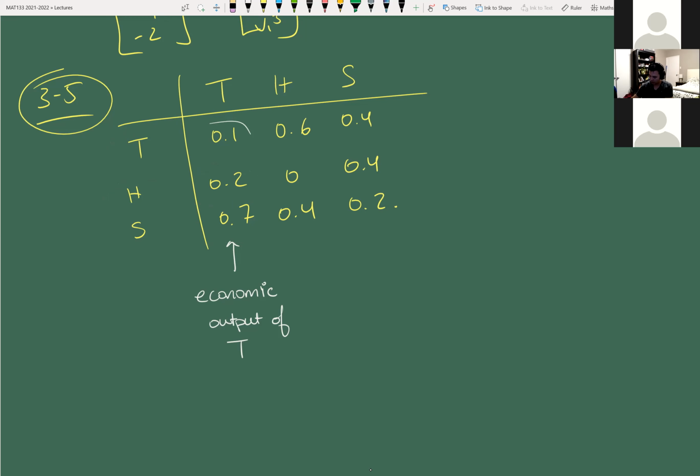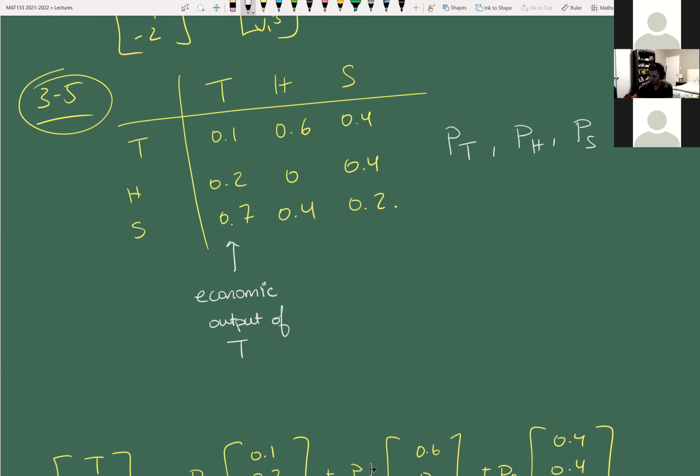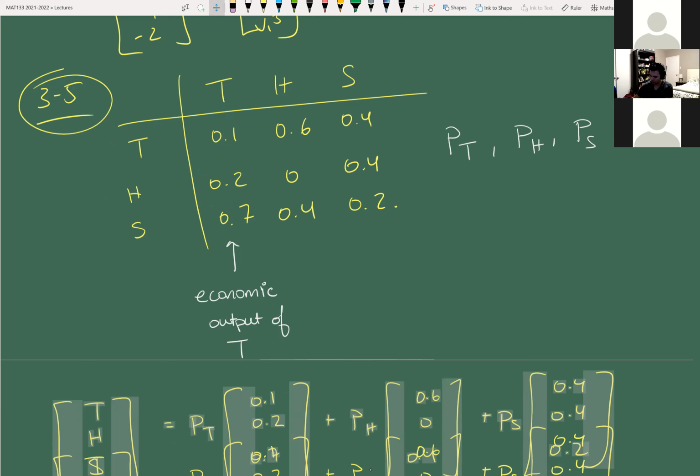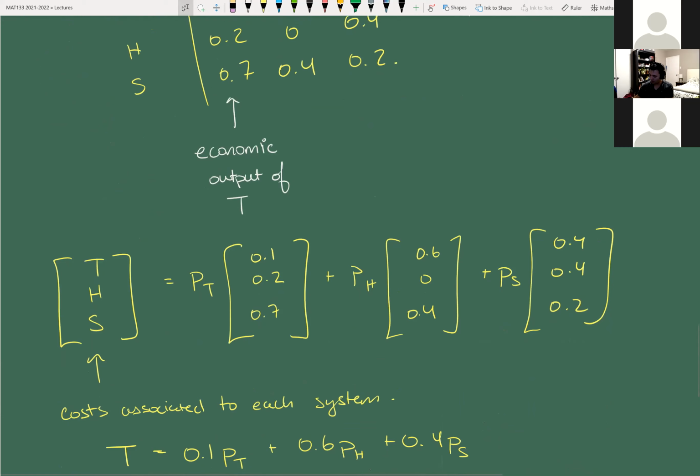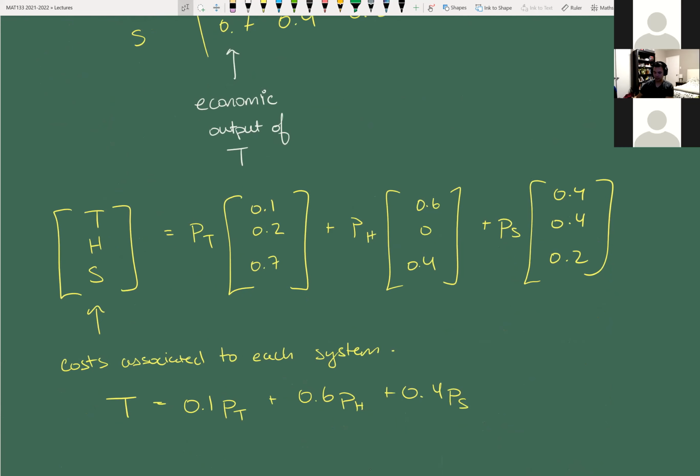And we're told that the price of the telecommunications services is P sub T, the price of the hydroelectric service is P sub H, and the price of the service economy is P sub S. Okay. So what I want to do then is set up a linear system which computes each of their costs. I'm going to take a linear combination of the price times the economic output.